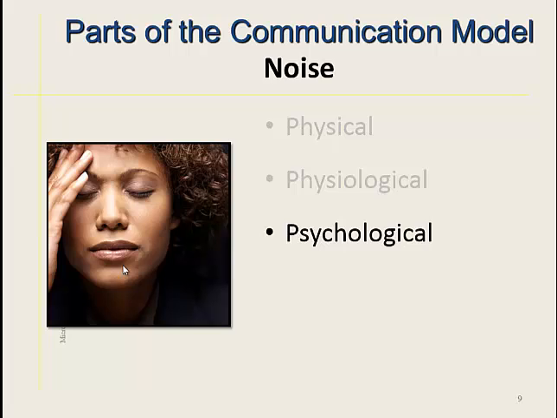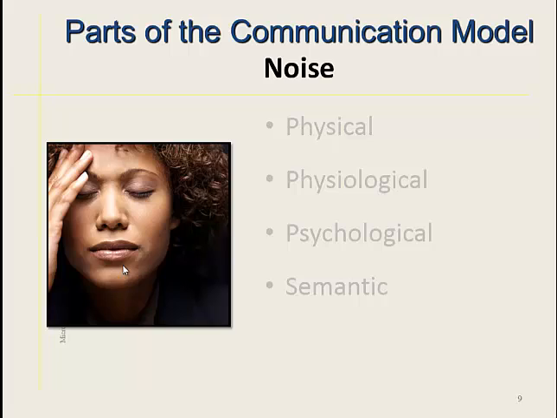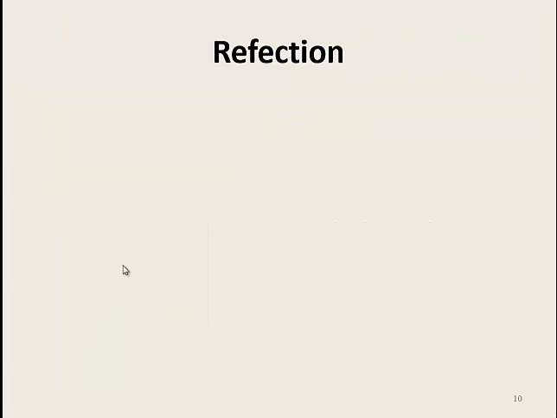And so psychological noise is about the brain. And the last kind of noise is semantic. That's word meaning. Do you understand? If I'm using big old words that nobody understands, that would create semantic noise. Those are the 4 types of noise. Moving on. That's going to end it for this screencast.